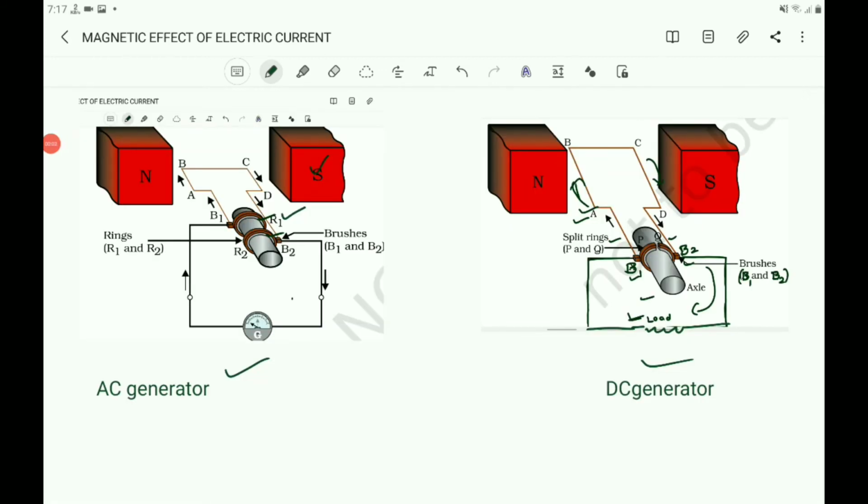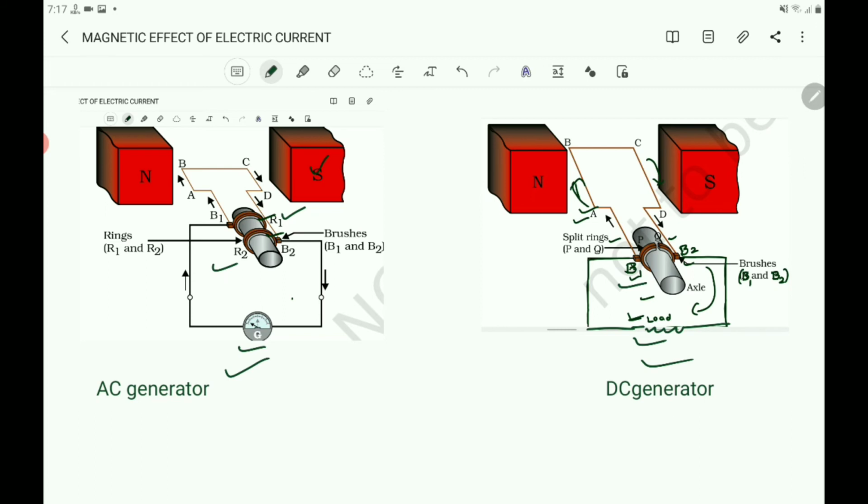Observe the differences between AC generator and DC generator. In AC generator, there are two different rings which are called slip rings, and in DC generator, two halves of the same ring, which are called the split rings.